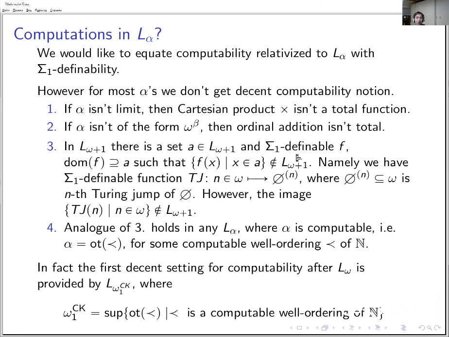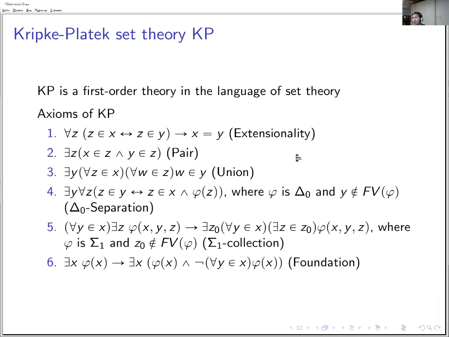Okay, so now this was the motivating part. So now let's go to Kripke-Platek set theory. What we want to achieve with Kripke-Platek set theory is a set theoretic model where sigma 1 definability works as a decent notion of computation.